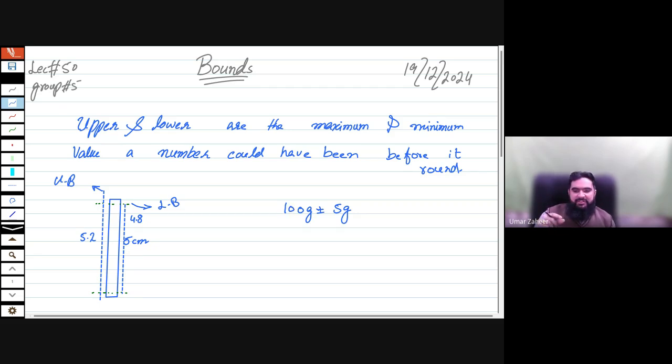So when they pack the packets, the mass can be 105 and it can be 95 grams. It doesn't mean it is going to be exactly 100 grams. It can be a little bit more or a little bit less.